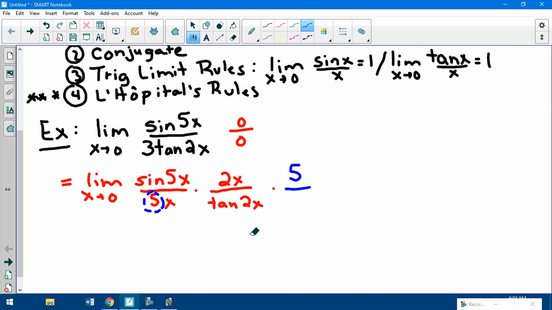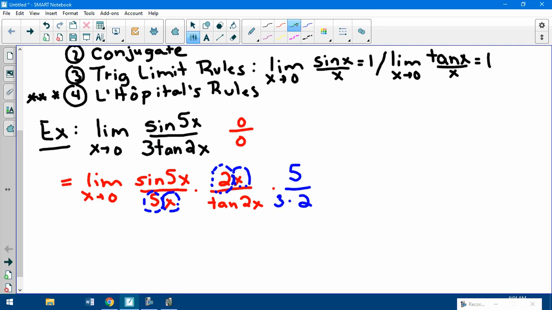Similarly, this 2x isn't really part of this top here. So this 2 shouldn't actually be here. So that needs to be on the bottom. The x I don't need to put over here. Why? Because even though it is extra, we've already got one there that wasn't there, and we've got one there that wasn't there, so they're canceling each other out. And the only thing left is this 3 on the bottom.